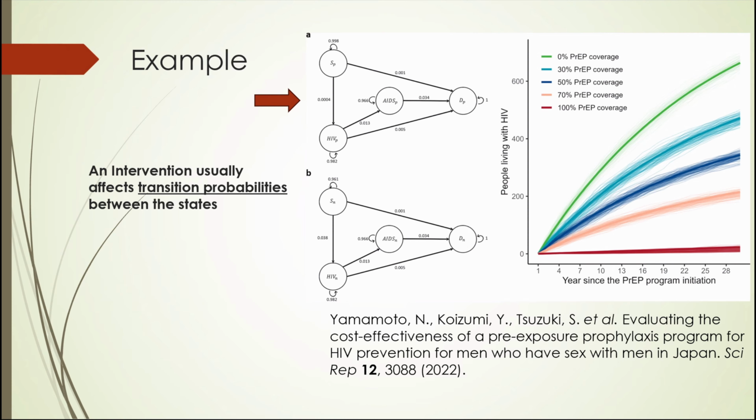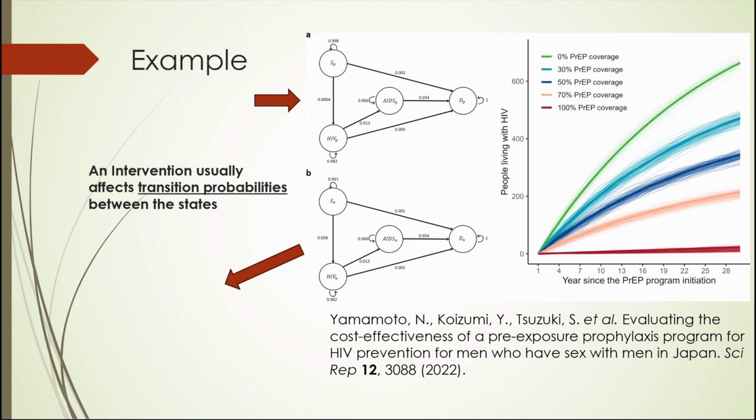On the right side of the slide, you see that cohort trace, in which, as a result of improving PrEP coverage in the population, the number of people living with HIV is decreasing compared to when we don't have any PrEP coverage. And that's exactly where the arrow between susceptible and HIV infected is. It's just affecting the transition probability of the susceptible population getting HIV infections.